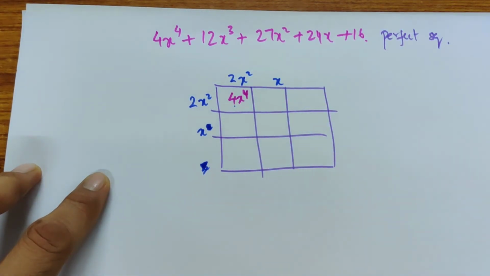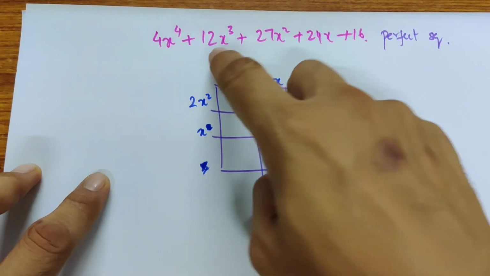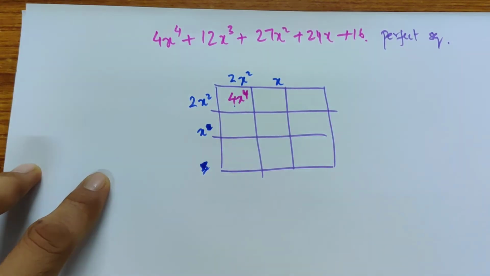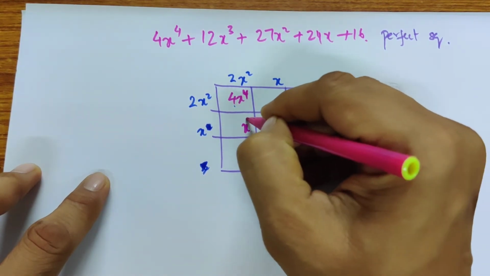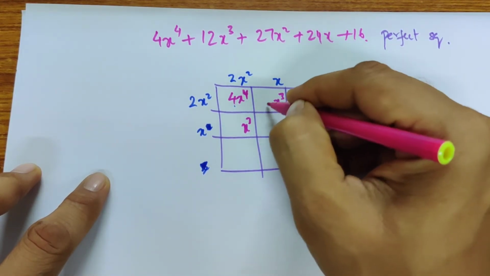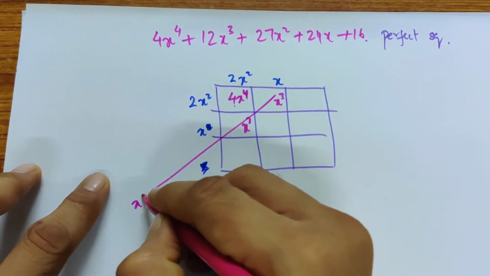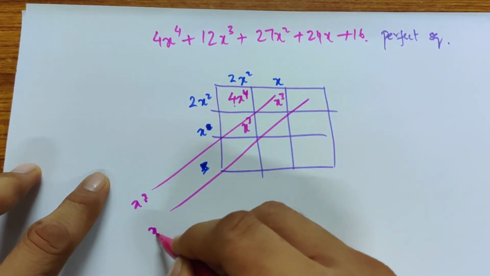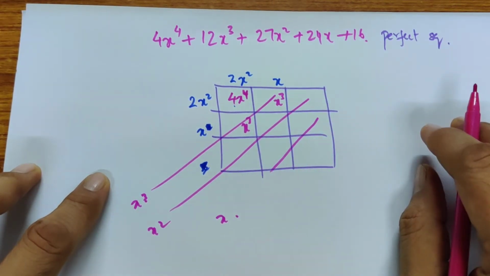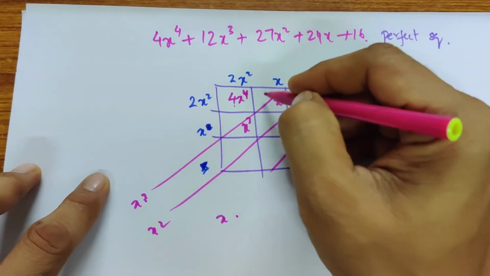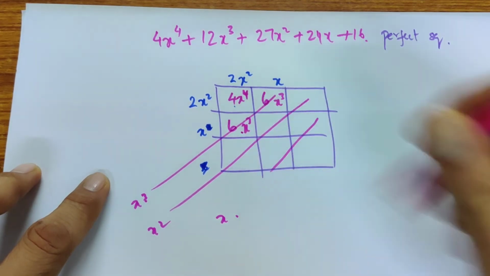So this is clear. Now these two boxes will have the same number. You can split 12 into 2. So there will be 6. Of course we know this is x cube. Remember this is x cube. This is x square. And this is x. So this is x cube. This we are clear. So because this is x cube, you will have to have 6 here and 6 here. Okay.